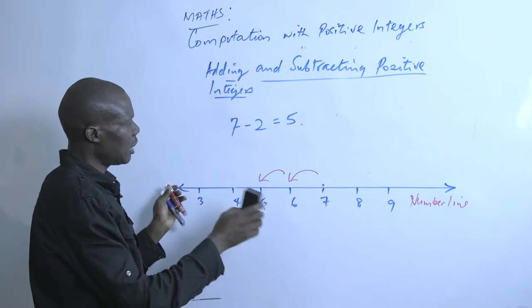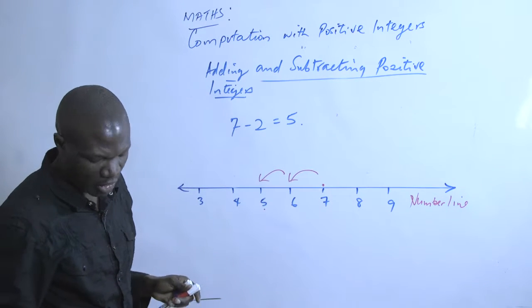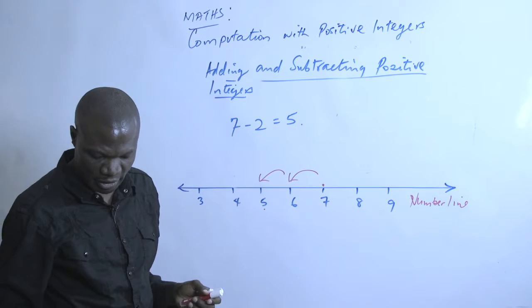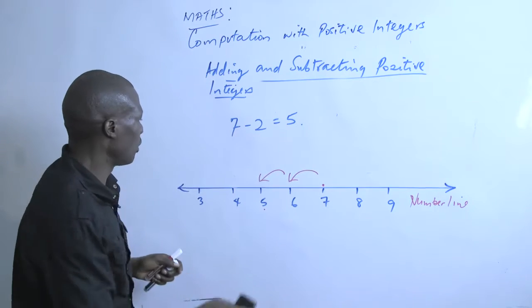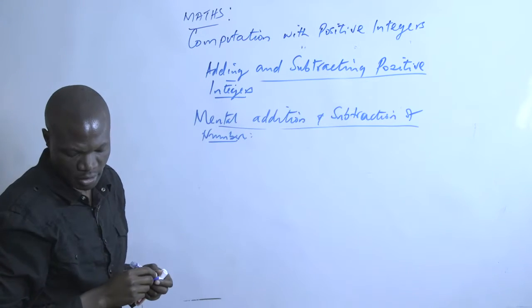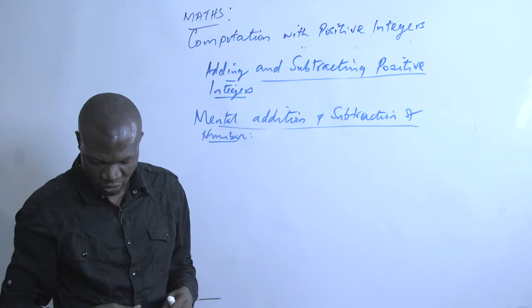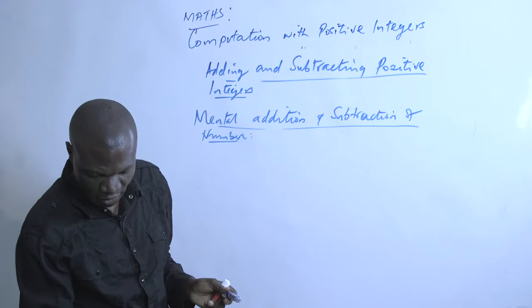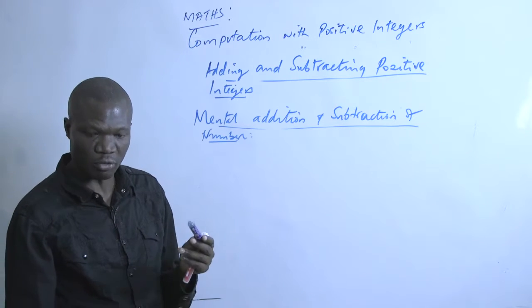So generally, in subtraction and addition, we can handle it using many various ways. And this time, I want us to look at the mental addition and subtraction of numbers. We have 4 approaches that we can use to solve this.